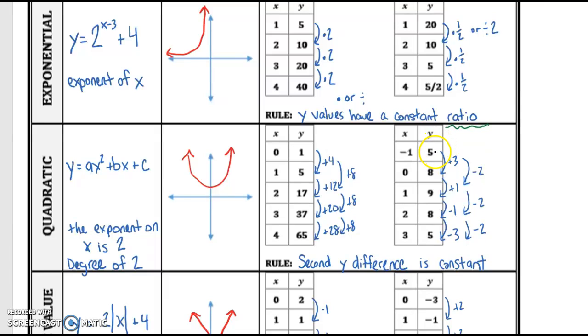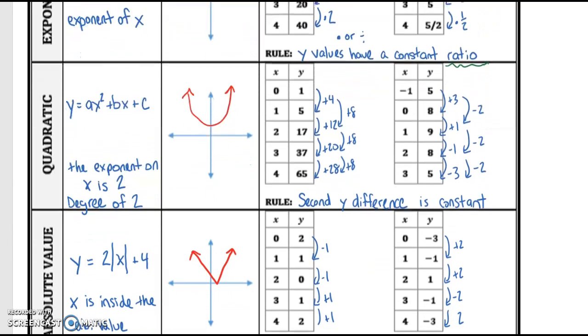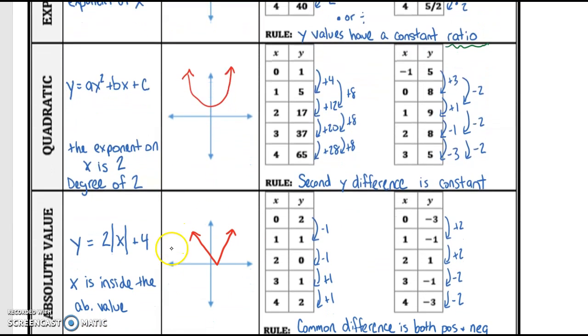You might notice how this is kind of going up and then back down. That might clue you in to start thinking about what this graph might look like, and you might say, oh, it's going to be a parabola. Well, it might be a parabola, but it could also be the absolute value that we'll talk about down here. And then if you look at this one, we know it's going up, but I didn't show you the other side of the parabola, so that makes this different.